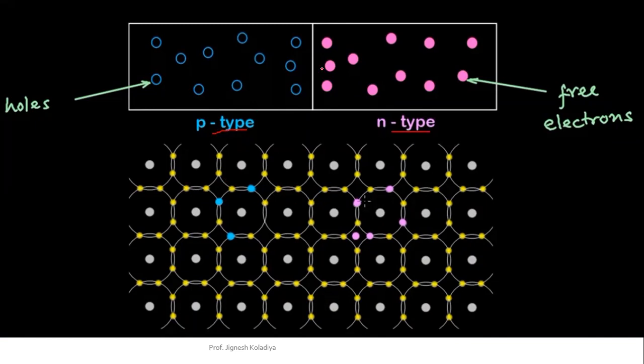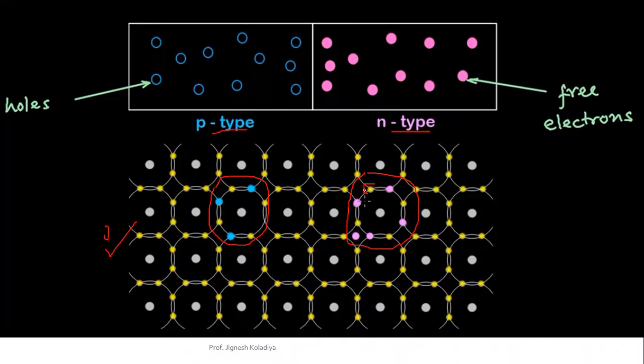Now if you see inside of it, it will look like this. This is my silicon wafer. In n type, here you can see I have added one atom of pentavalent and one atom of trivalent impurity. Now you can see this yellow one is for silicon electron, and pink one is our pentavalent atom electron, right?